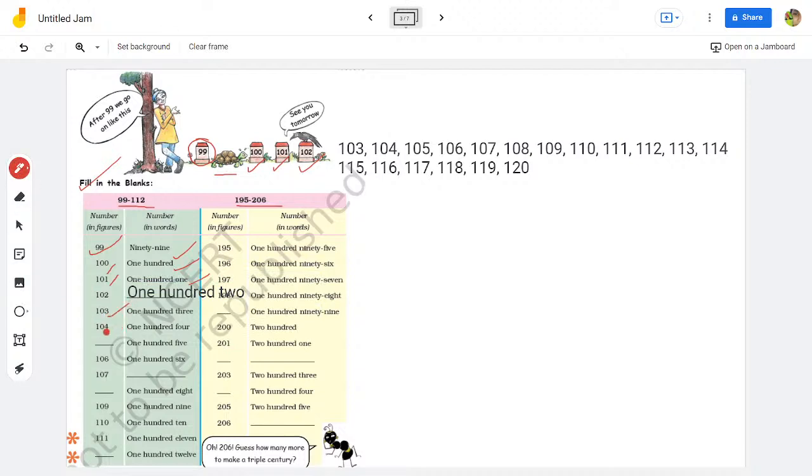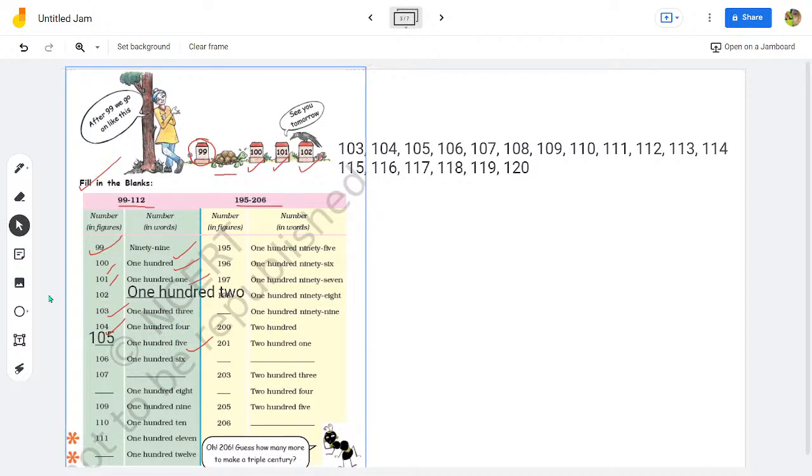103 we have, then we have 104, and here it's written 105. So if we write that in number, I would write that as 105. Now the next one is 106. 106 is already written. The next one is 107.